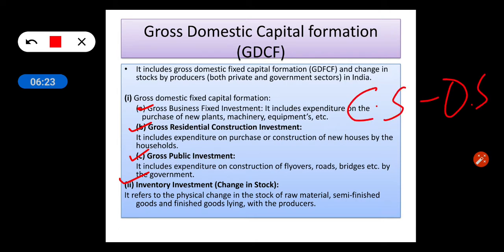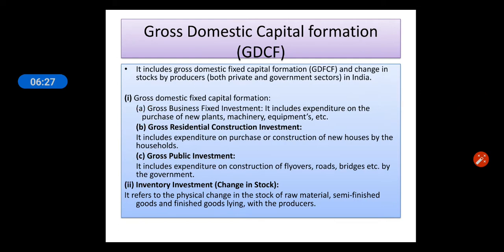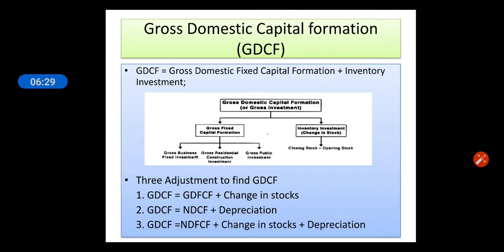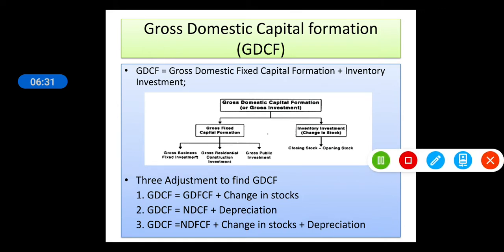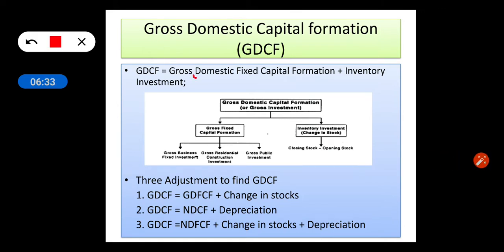This is your change in stock formula. Now we know that if we add up GDFCF, gross domestic fixed capital formation, and inventory investment, we get gross domestic capital formation. Now there are adjustments to find GDCF.